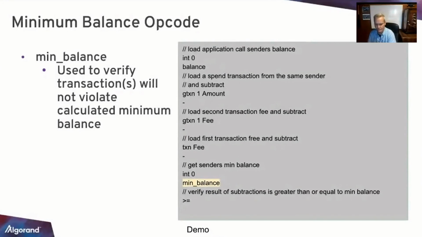If you opt into a Stateful smart contract, the minimum balance is going to go up, determined by a calculation on how much storage is used in that Stateful smart contract. So it's sometimes difficult for you to calculate. If you use the min balance opcode, it'll actually do that check for you, so you don't have to worry about that. This particular example is a spending application, subtracting the 2 fees associated with 2 transactions, and verifying I was over the minimum balance.